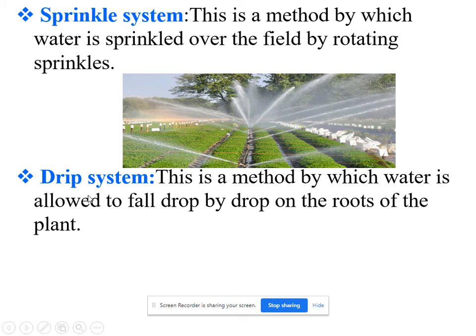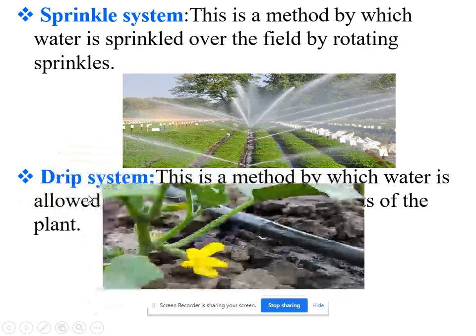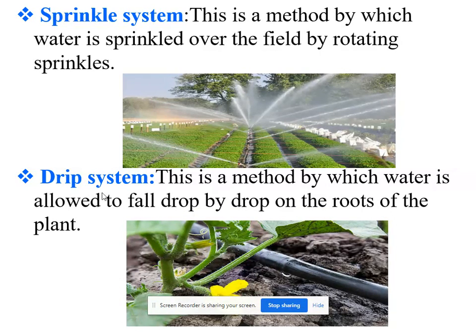Next is the drip system. So what is the drip system? See here. In the drip system, water is allowed to fall drop by drop on the roots of plants. One advantage of this drip system is that the water is continuously falling on the soil, so the roots present in that field are continuously absorbing water.